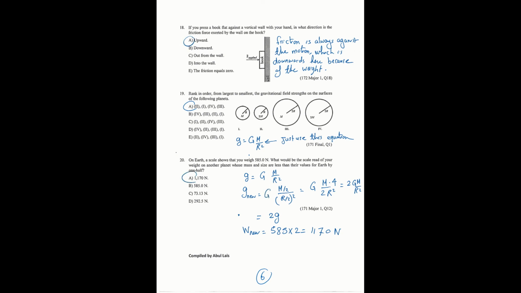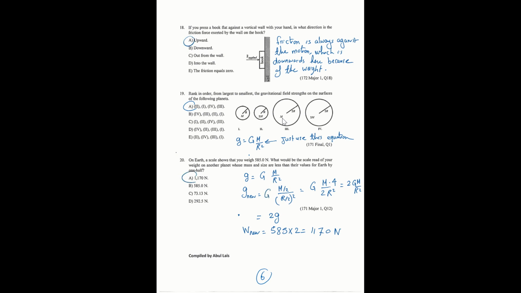Number 19 says to rank in order from largest to smallest the gravitational field strength on the surfaces of the following planets. Now, of course, I just need to use this equation, g equals capital G M over r squared. Then, for the first one, it would be M and r. For the second one, it becomes 2M and r.